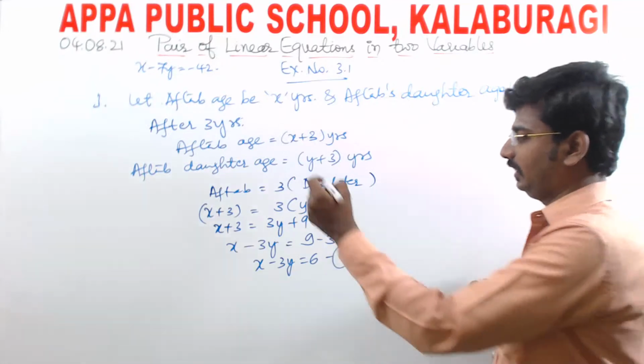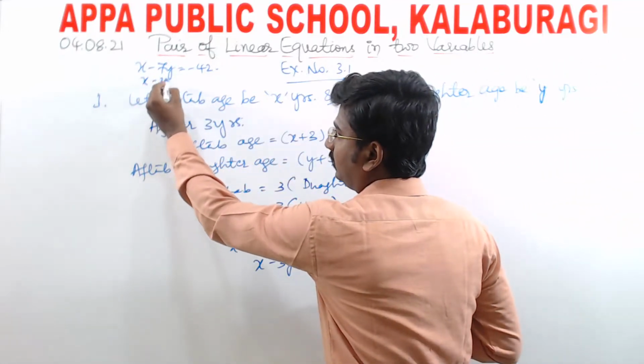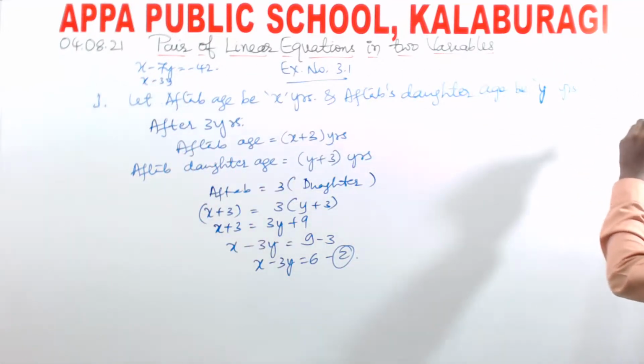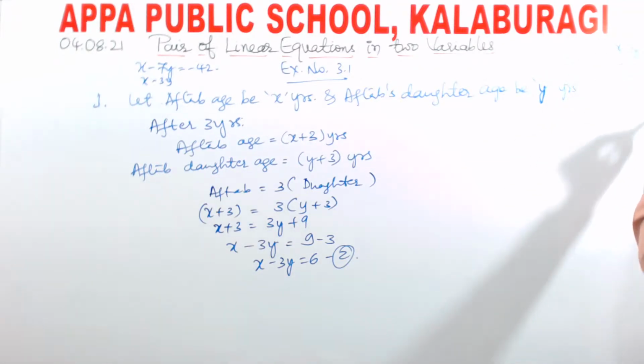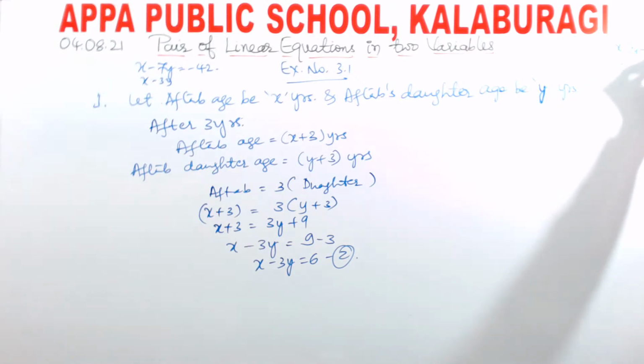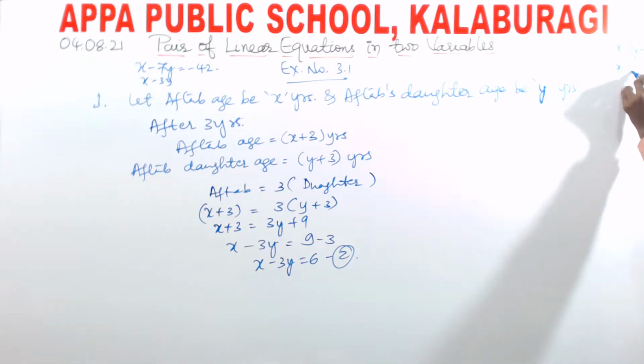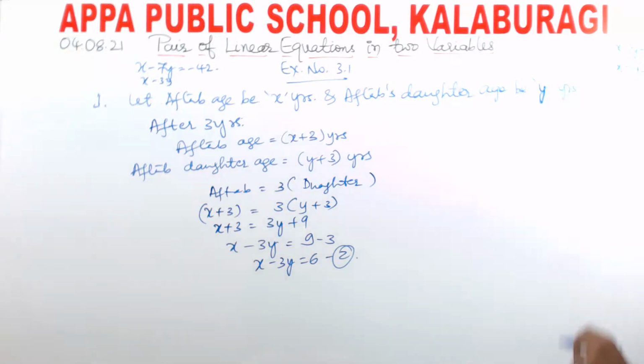The first equation was X minus 7Y equal to minus 42, and X minus 3Y equal to 6 is the second equation.